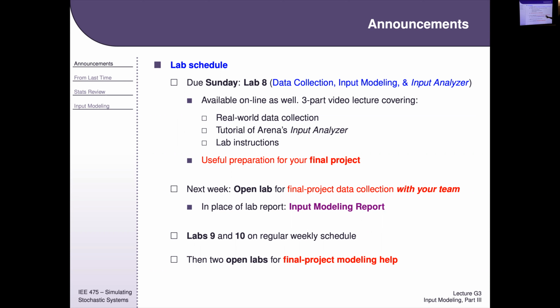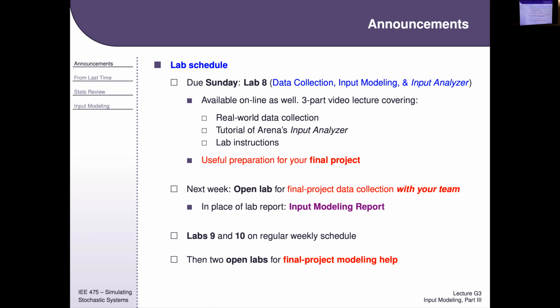Detailed information is on Canvas, but the function of the input modeling report, in one to two pages, so not very long, is to tell me the system that you're interested in, the relevant problems that motivate why you would study that system, and what you think are the input models or the inputs to those systems, maybe the relevant entities, the relevant resources, and maybe the outputs that you would think of taking there.